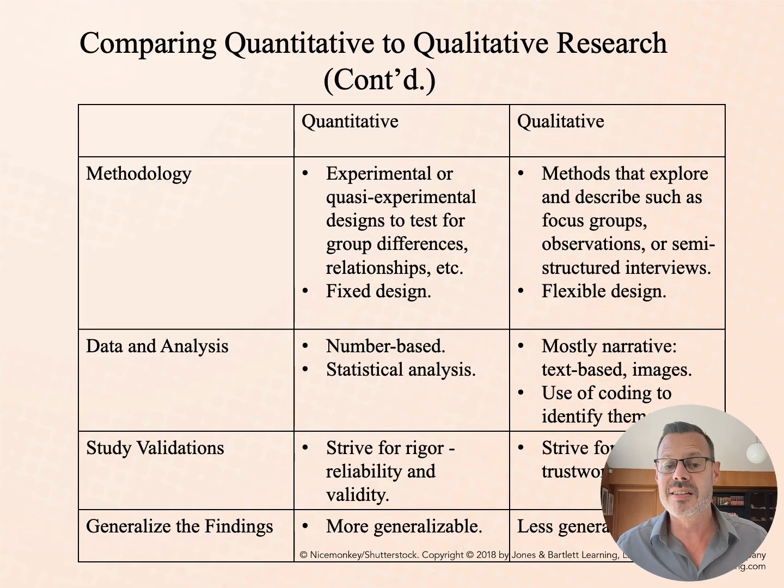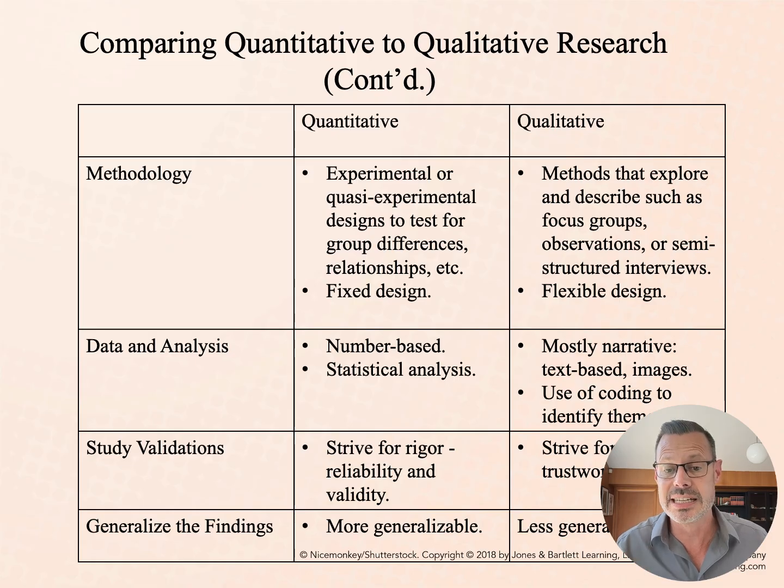My study is validated in quantitative when I think about striving for rigor, for reliability, and for validity. What that means is when I talk about validity for a quantitative study, it means another researcher can follow the directions and come up with the same outcomes, right? So if I do the same study the same way with the same protocols, I will get the same outcome.